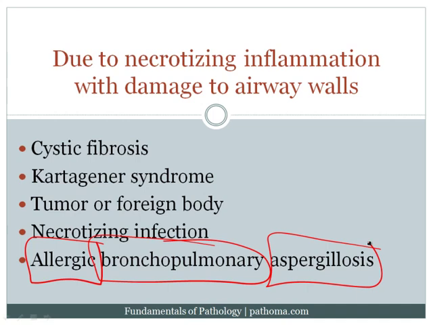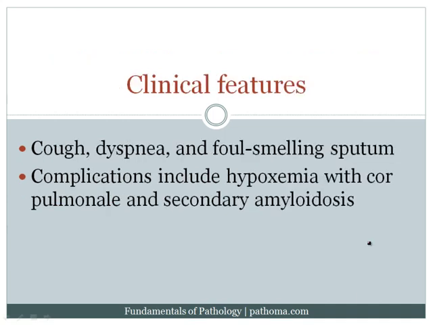It's seen in asthmatics and it's seen in patients with cystic fibrosis. And these patients become hypersensitive to aspergillus. When the aspergillus comes in from the outside environment, it elicits this reaction, which then damages the airways, resulting in bronchiectasis due to the inflammatory damage to the airway. So that's ABPA, allergic bronchopulmonary aspergillosis.